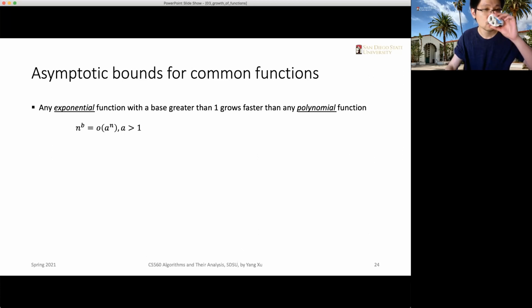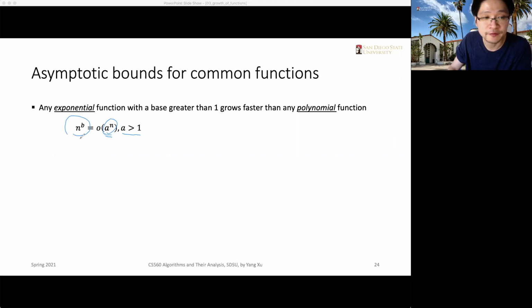Okay, so we can say that the exponential function here, a to the power of n, where a is greater than 1, is a loose upper bound for any polynomial function.